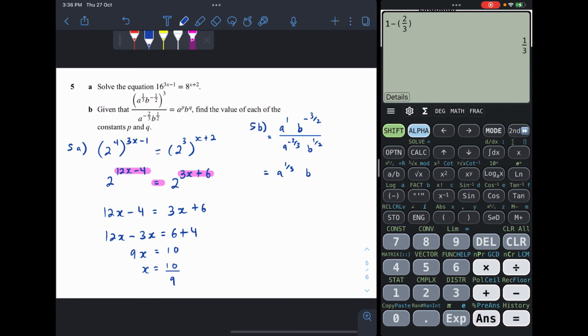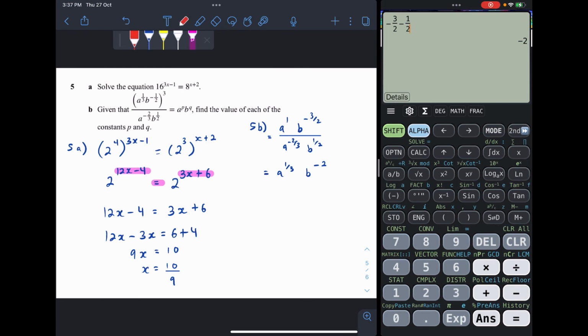b will become, again with the calculator, negative 3 over 2 minus the fraction 1 over 2. What's that going to get you? Negative 2. The working seems so short, right? Yeah, I know. We got our answer, and it's in the exact same format as well.